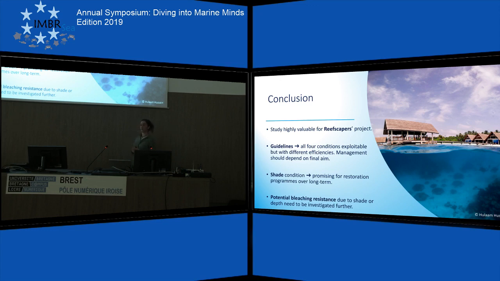So shade and increasing depth seems to be a good candidate for this. Those studies would be highly needed and valuable, as in the context of climate change and bleaching events, finding bleaching resistance factors is the most urgent issue for the long-term conservation of coral reef.